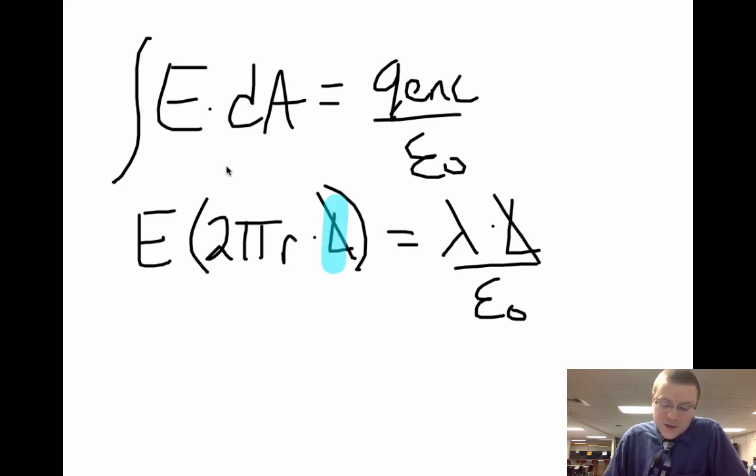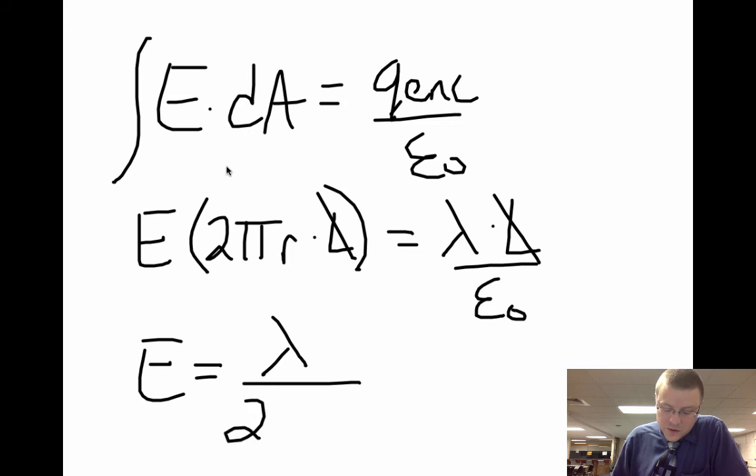Remember that this L over here is the length of my Gaussian surface. I can make that Gaussian cylinder as long or short as I want. When I use the charge that I've enclosed, I've only enclosed the amount inside my surface. So that's why I can eliminate the L. The electric field here ends up being lambda over 2 pi r epsilon 0.